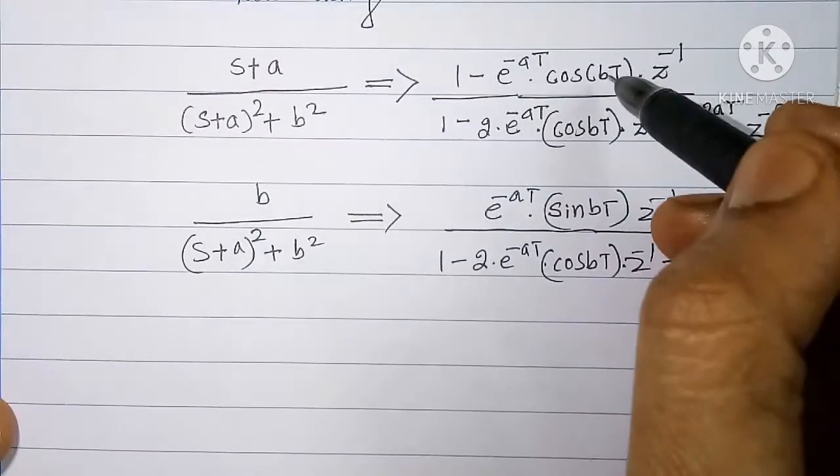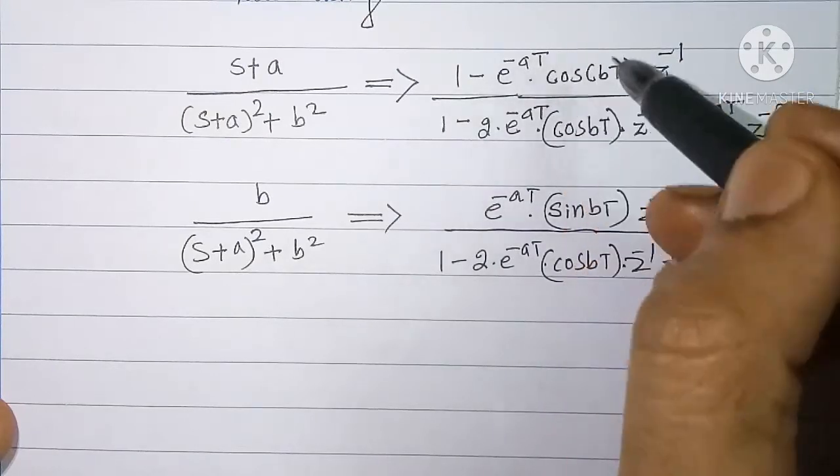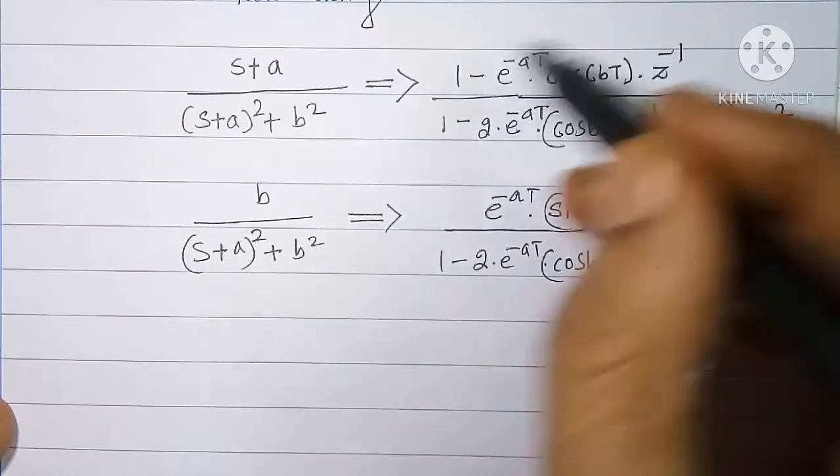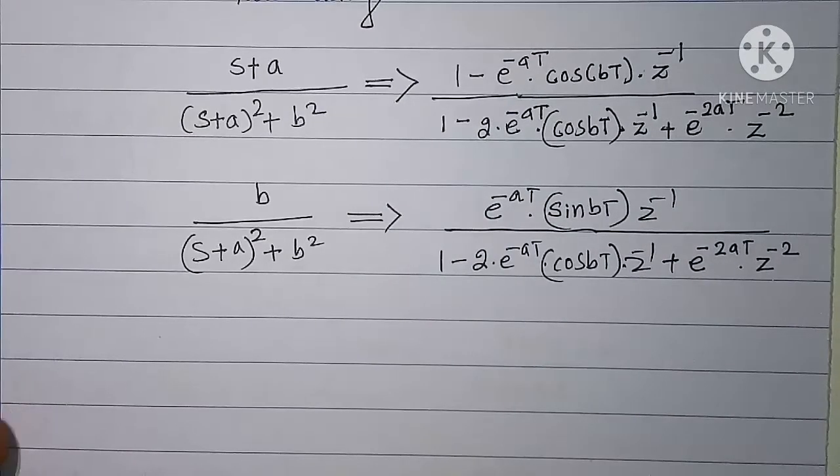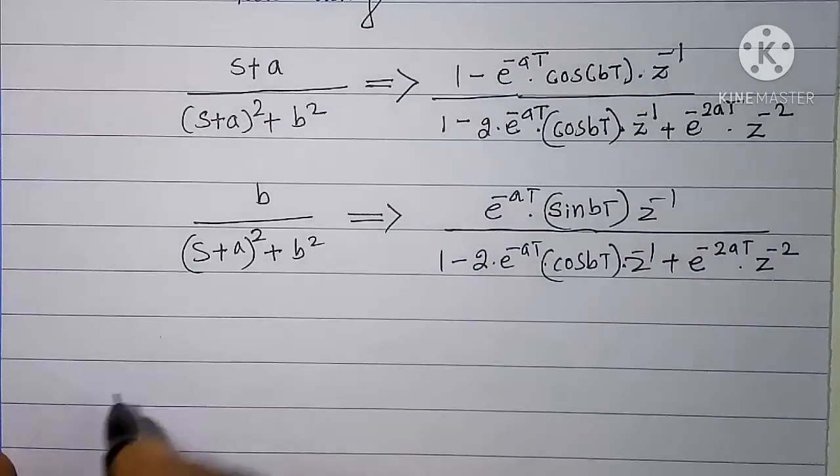Now we know what are the values of a, t and b. Substituting these, we can get z transform of h of s directly.